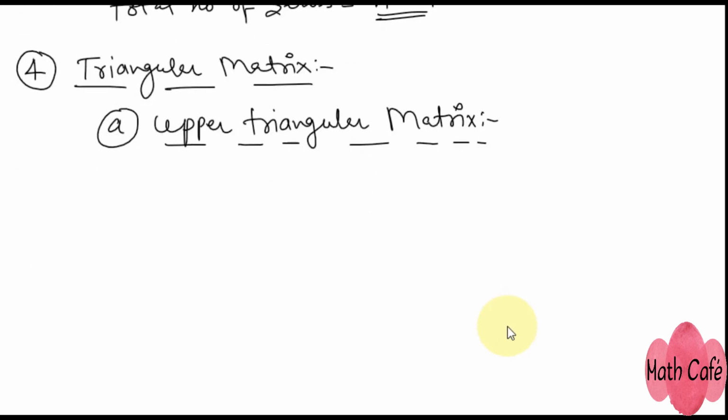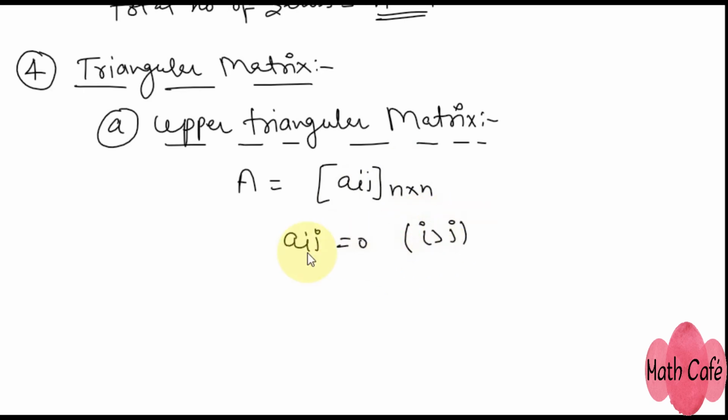The definition of an upper triangular matrix is: if any matrix A is represented by Aij, n cross n, so the order of this matrix is n, and if I put a condition that all the elements Aij will be 0 if i is greater than j, then this type of matrix will be called an upper triangular matrix. But we haven't said anything about the diagonal elements, so all the diagonal elements should be non-zero.